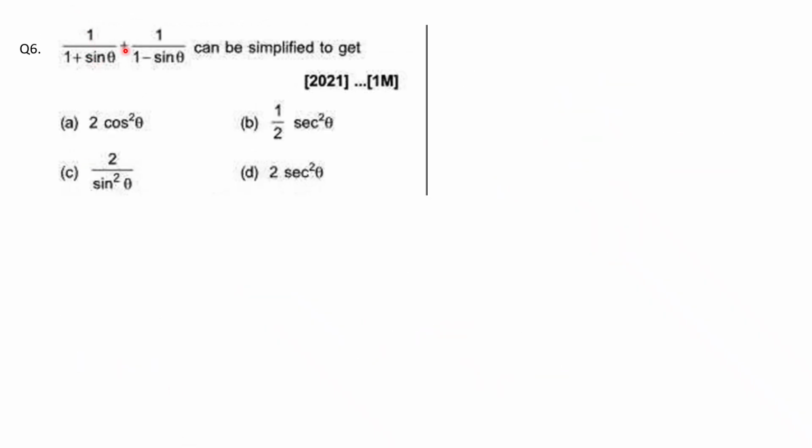1 by 1 plus sin theta plus 1 by 1 minus sin theta can be simplified to get. So first take the LCM. So LCM will be 1 plus sin theta into 1 minus sin theta. So here it will be 1 minus sin theta plus 1 plus sin theta.